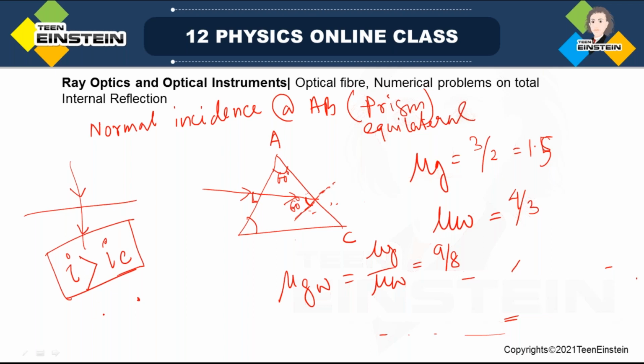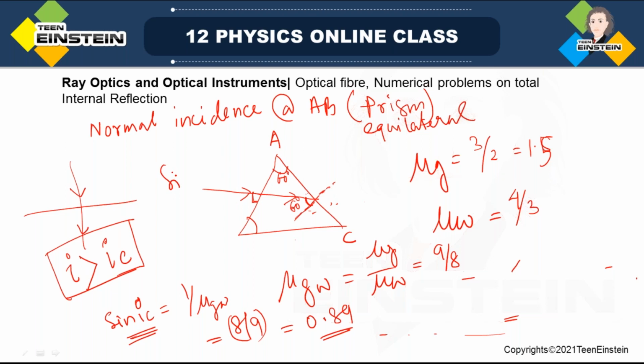Now we know the formula for critical angle, sin theta IC is equal to 1 by mu GW. So this side will be 8 by 9, which will give you something like 0.89. So sin theta IC is actually 0.89. But in this case, sin theta I is sin 60 degree, which is root 3 by 2.